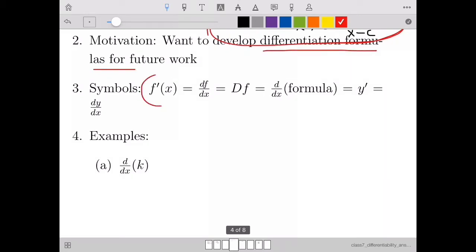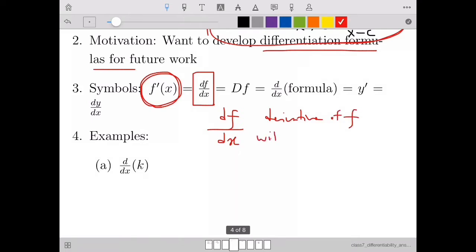So f prime at x is equal to, we write that as the derivative of f with respect to the variable x. We can write that as df dx, or big df, the derivative of f, or we can put the formula of f there.